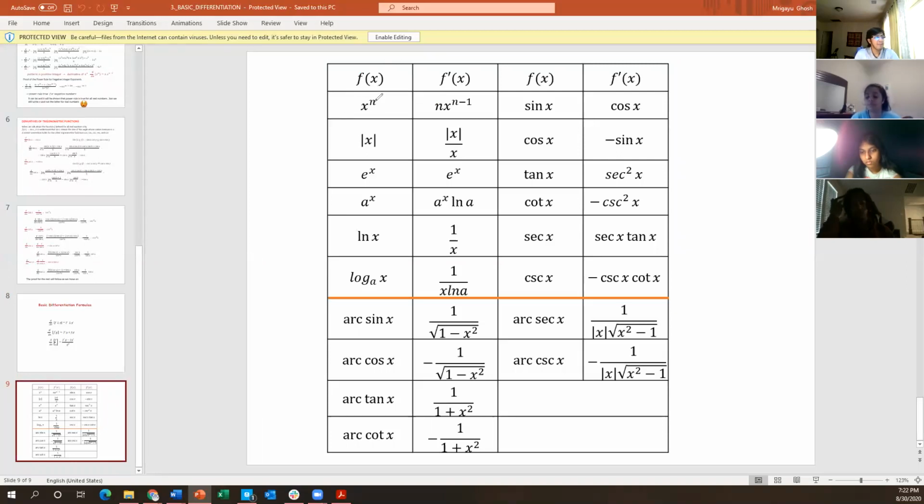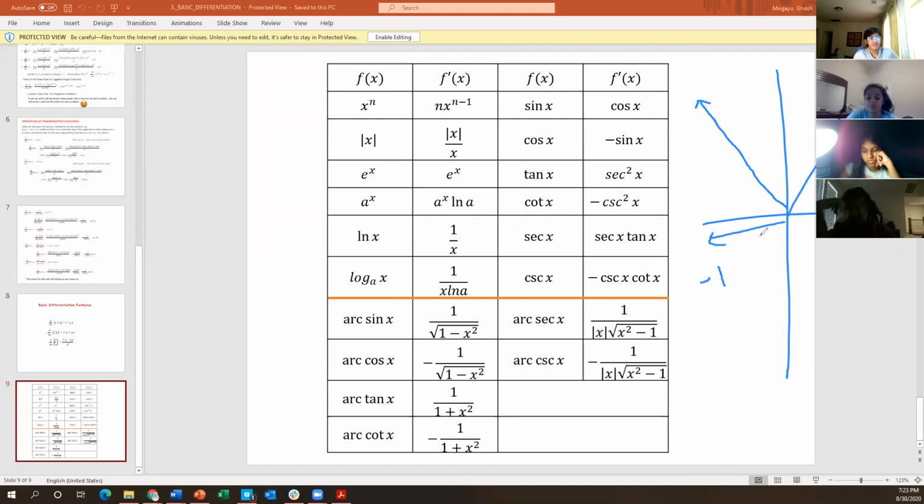So this right here is the power rule, we know that. Now the derivative of the absolute value is interesting. Why? Because the absolute value of x looks like this, right? The derivative of the absolute value of x is just -1 for x less than 0, and the slope for x greater than 0 is just 1.